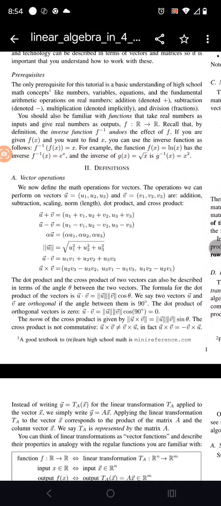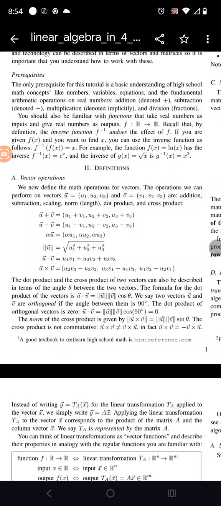The dot product of orthogonal vectors is 0, so u dot v equals magnitude of u times magnitude of v times cos 90 degrees, and cos 90 degrees is 0. So there you go, the dot product of orthogonal vectors comes to 0.